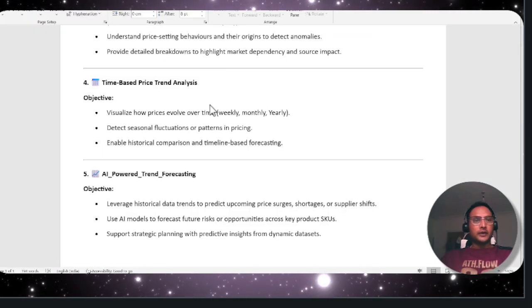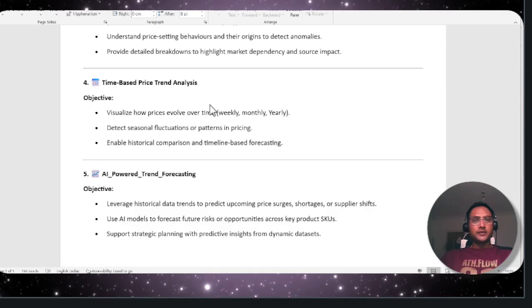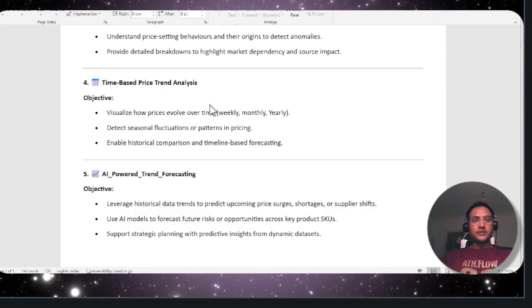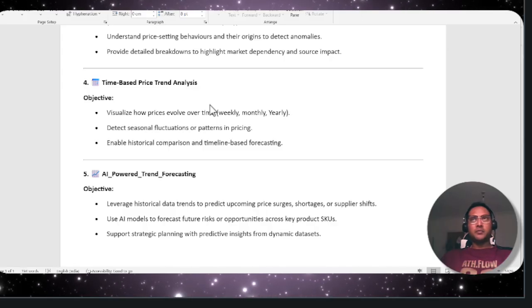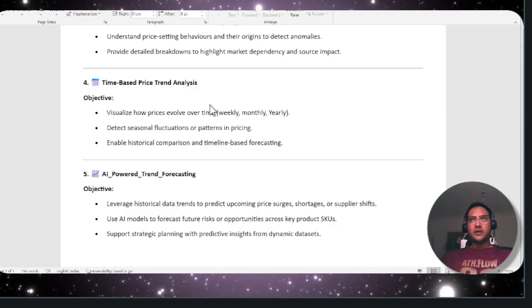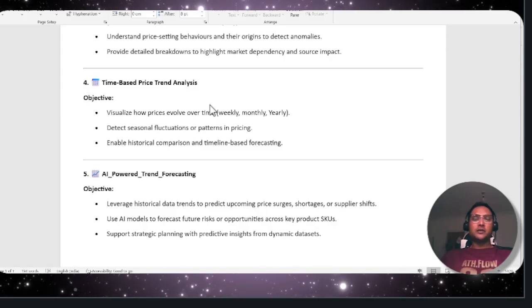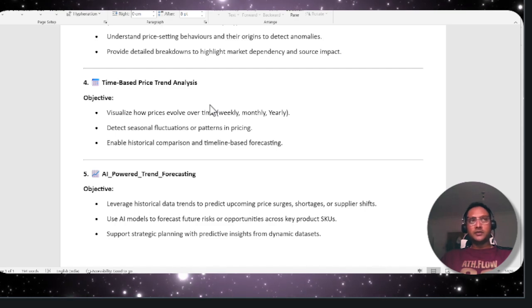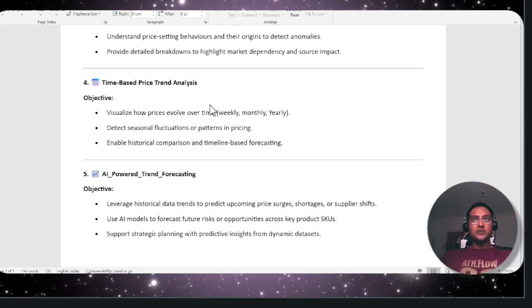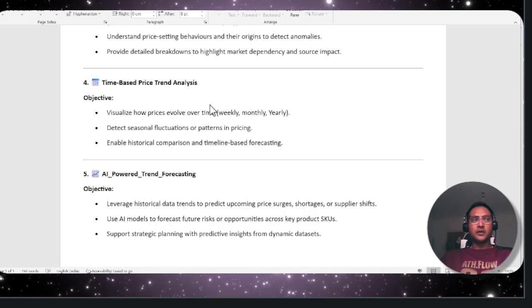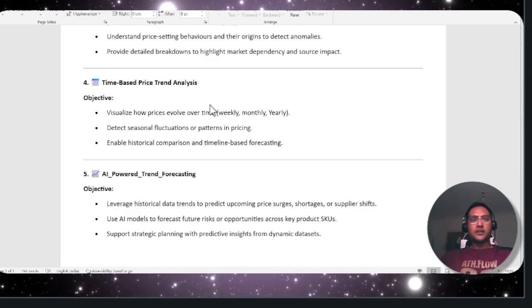The next case is time-based price trend analysis. Just imagine a particular medicine with price variability over, say, 5 years. Anyone will be interested to know how the price was set 5 years back, and how that price fluctuated over the years.